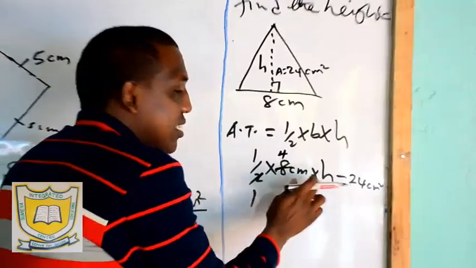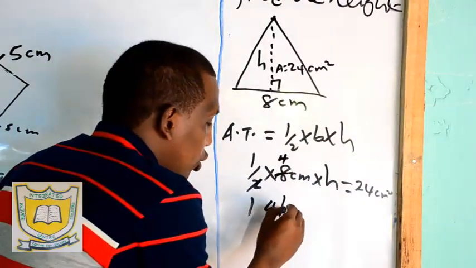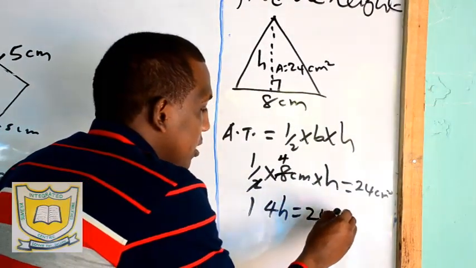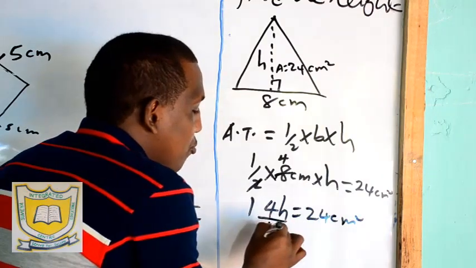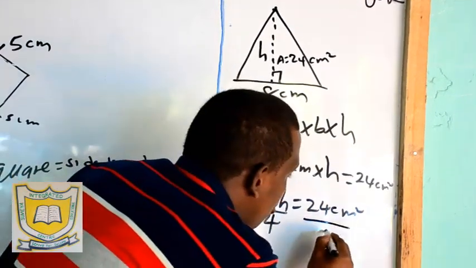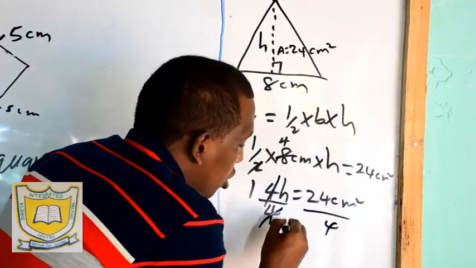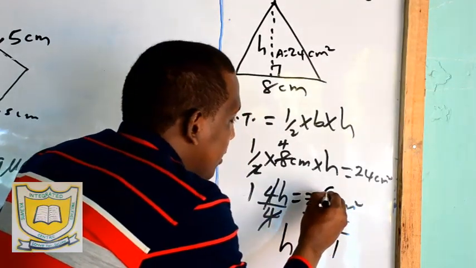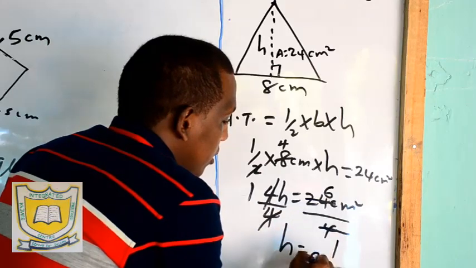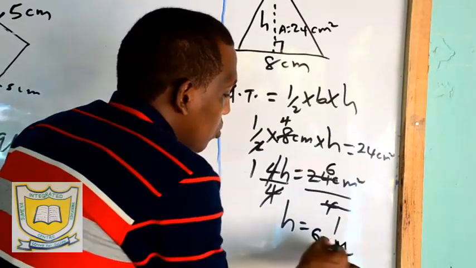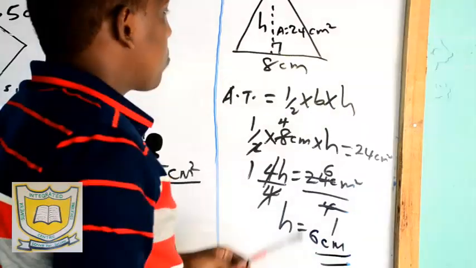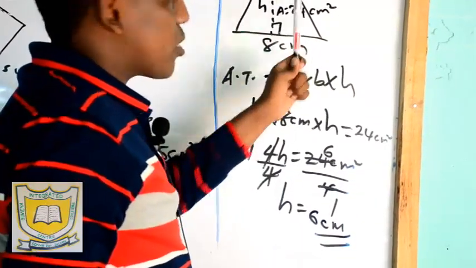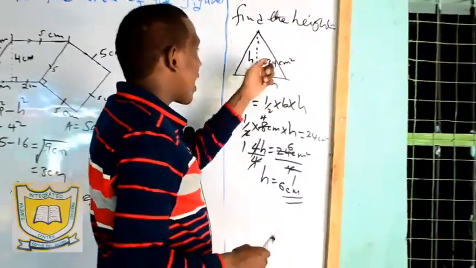So 4 times h is 4h, equal to 24 centimeters squared. To get the height, divide both sides by 4. h is equal to 24 divided by 4, which is 6. So it is now 6 centimeters. When you use a half times 8 times 6, you will get 24. That is how we get the height.